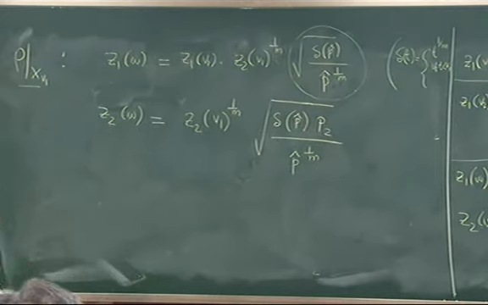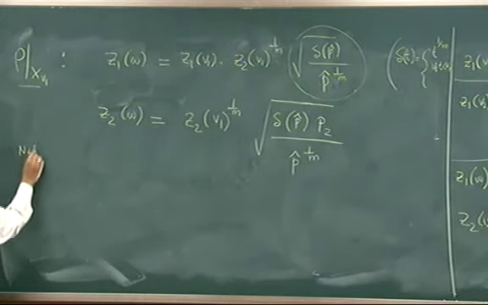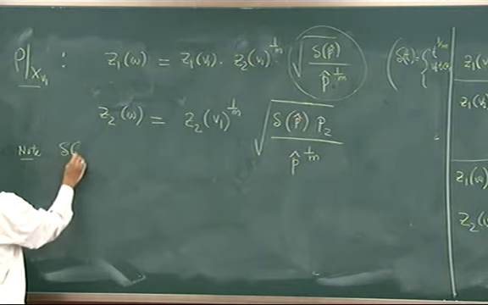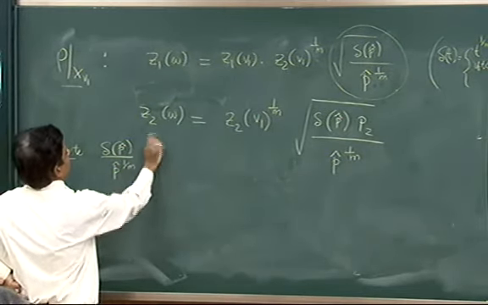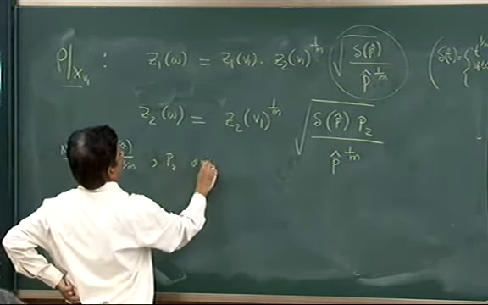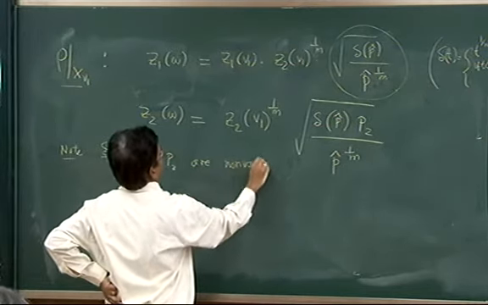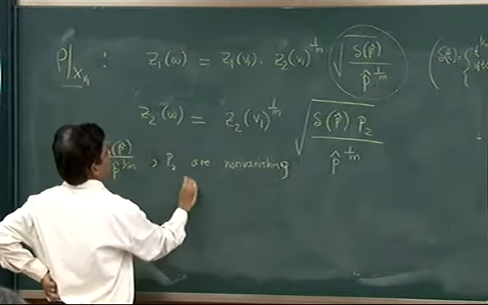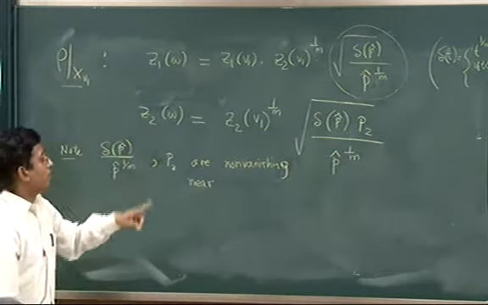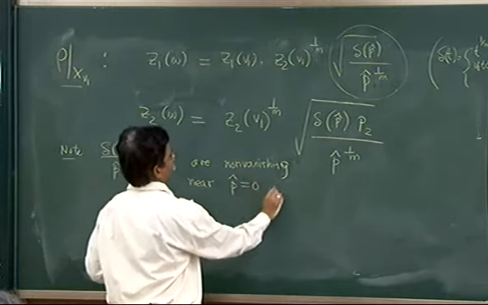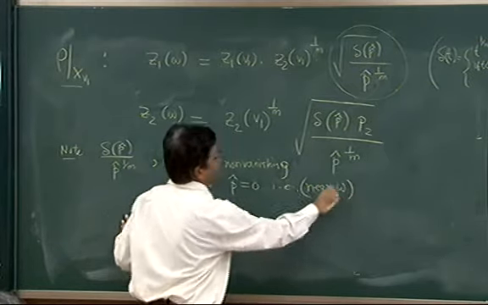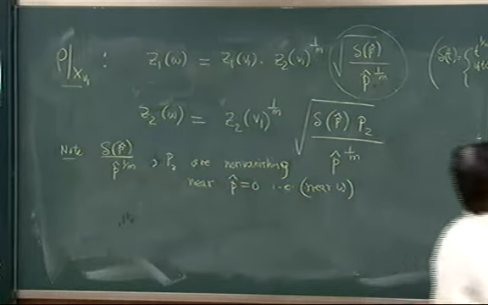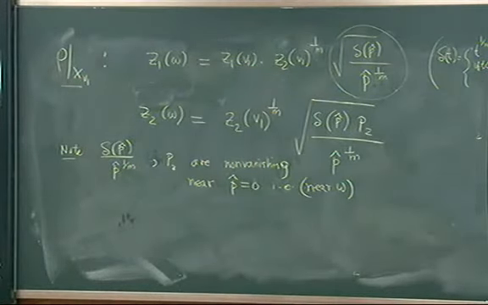So notice that delta P hat over P hat to the 1 over m is, as well as P2, are non-vanishing near P hat equal to 0, that is near, informally I can say near W, because this map rho will take P hat equal to 0 to W point.